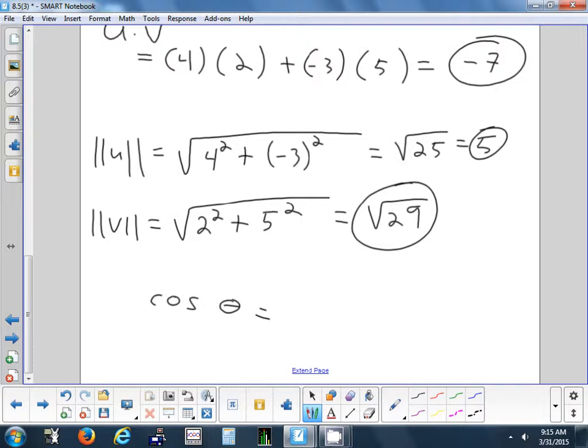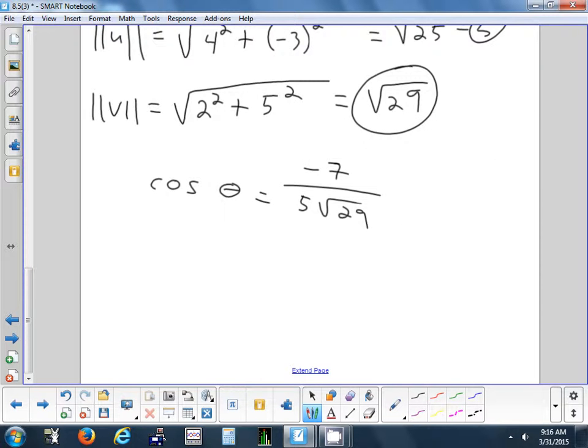So my dot product is -7 over the product of the magnitudes, which is 5 root 29. And Andrew, how am I going to get theta alone? The inverse cosine. Good. So do inverse cosine on each side and see what it comes out to.